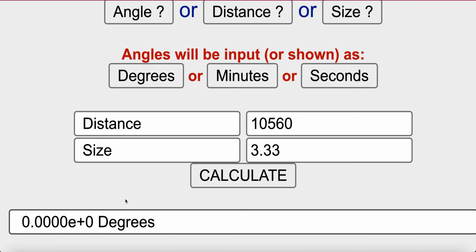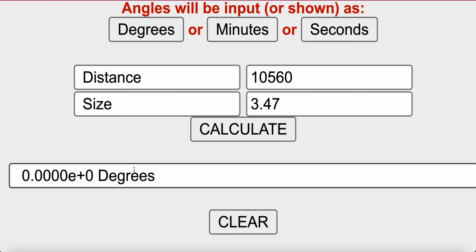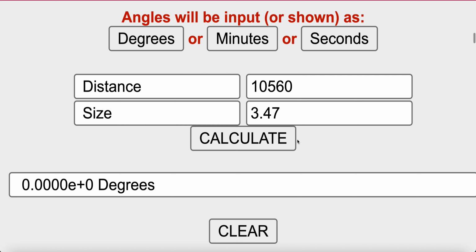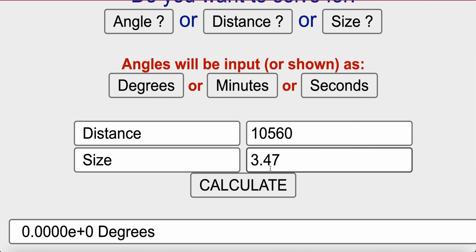See the way it went? I had to have it bigger than 3.33, 3.46, let's just say. Try that. So 3.47, calculate, try that. See the way it's showing that it's just getting too small to see. 3.47 feet at 10,560 feet away, you just can't see it.